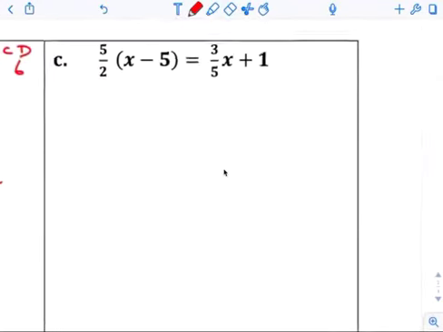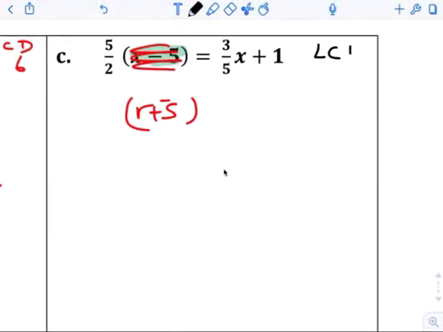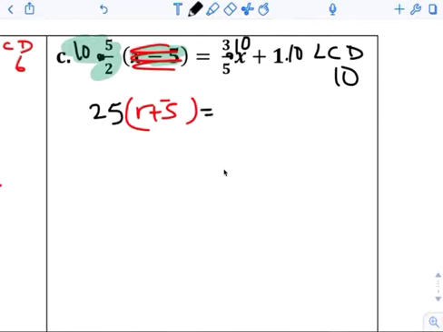Then you do the next one, same thing. Take that, r minus 5, additive inverse. Least common denominator is 10. 2 and 5, least common denominator is 10. Times 10, times 10, times 10. That should get you 25, and that should get you 6x plus 10.